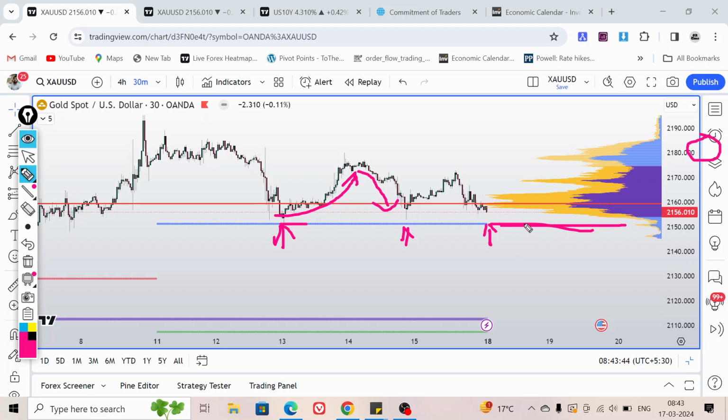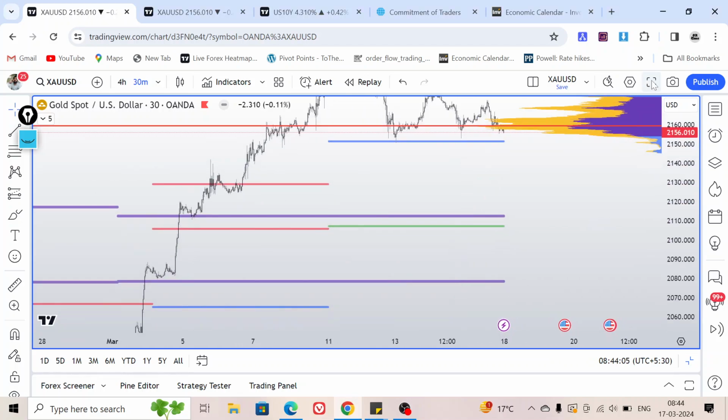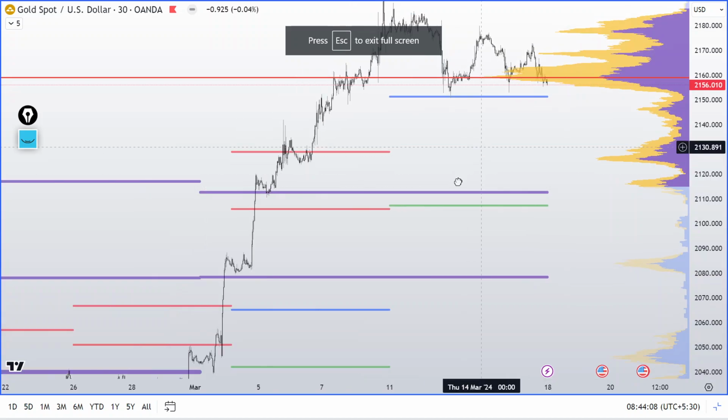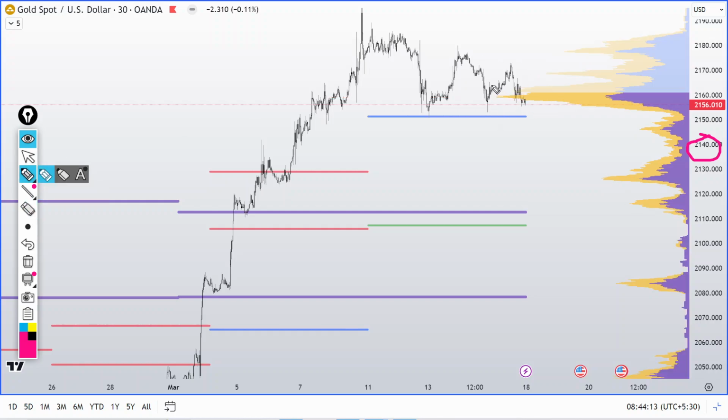So now we have to watch this level very carefully on intraday. If price breaks down from here, then on a retest we can look for a sell opportunity like this. Okay, and if you check the important volume profile action on this 30-minute chart, you can see the volume profile right over here, and the current price is at a high volume node and is still trading inside this range bound trend.